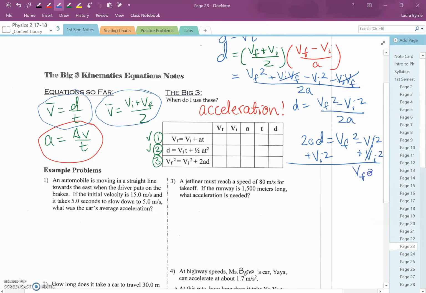So Vf squared equals Vi squared plus 2ad. Woohoo! We ended up deriving all three of these big three equations. In the next video I'll show you some examples of how to use them.